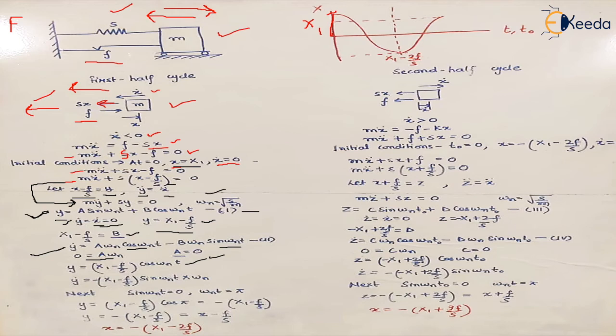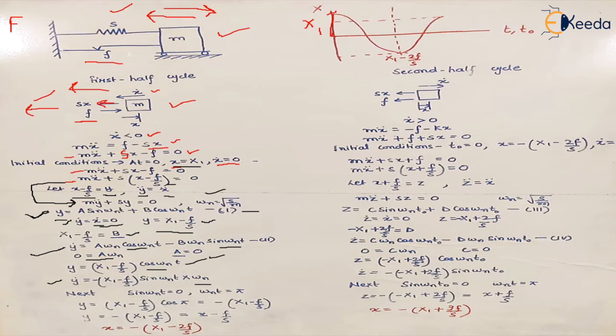And if we want to find the velocity, y dot, it will be minus, because the differentiation of cos is minus sine, so minus (x1 minus f upon s) sin omega nt into omega n. This was the initial condition when time was 0 and we got this value.